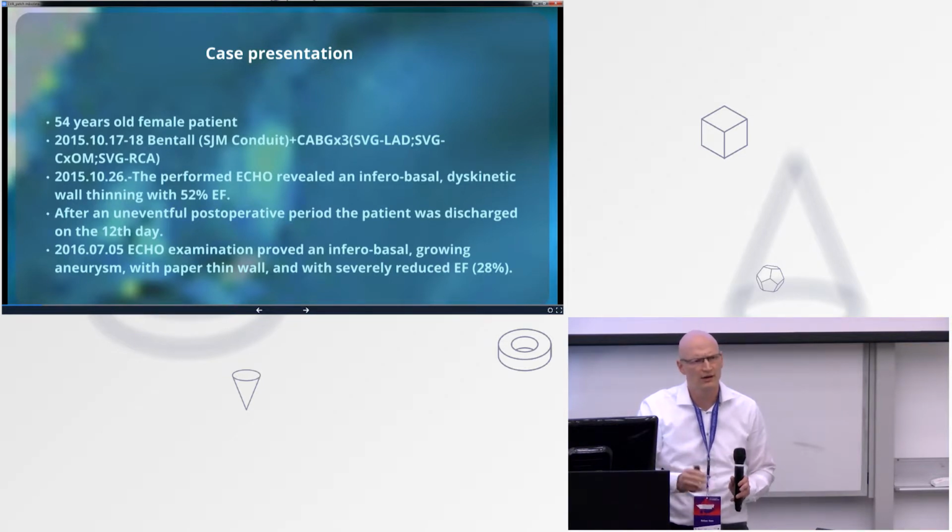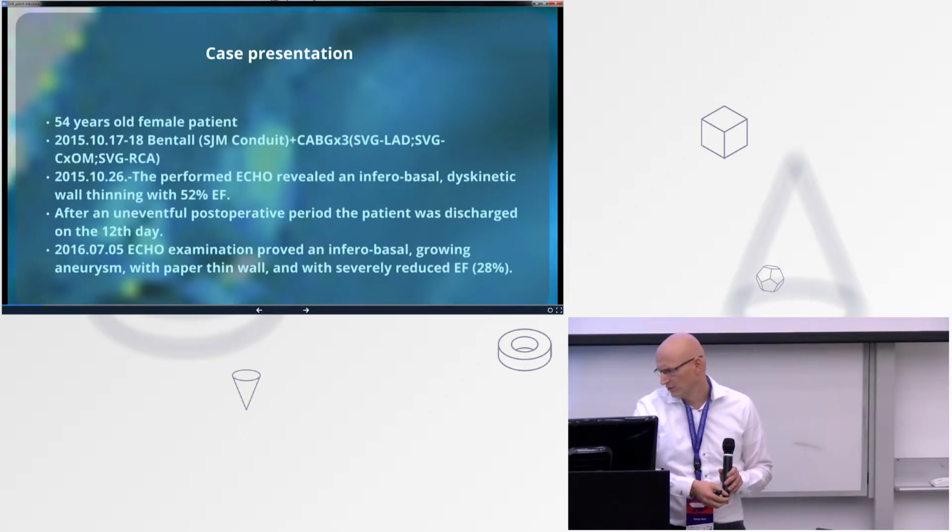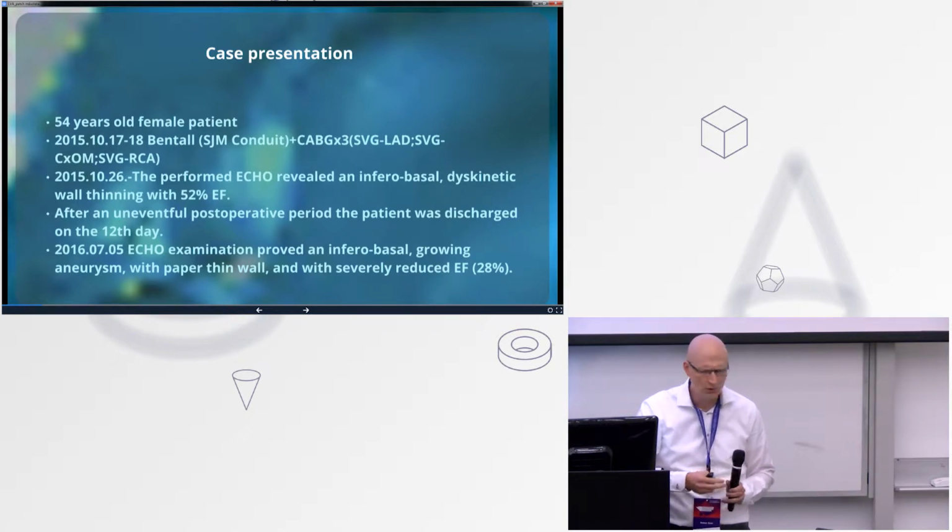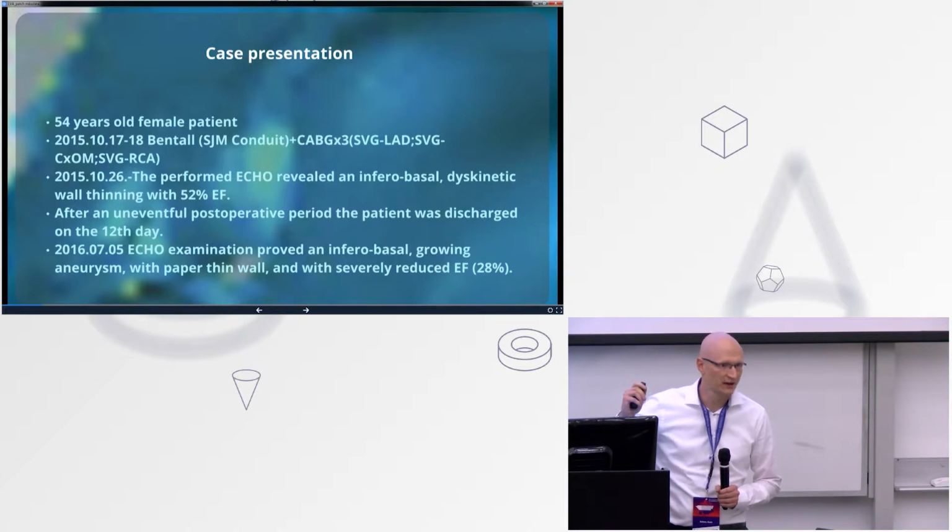So it's all about a young female patient who received a so-called Bentall operation, where the aortic wall was replaced. This patient also received venous graft for coronary sclerosis due to a myocardial infarction.